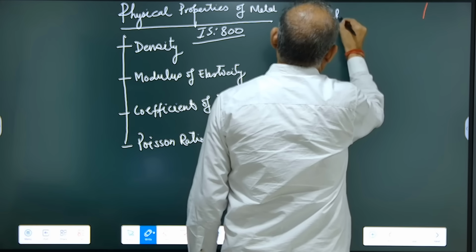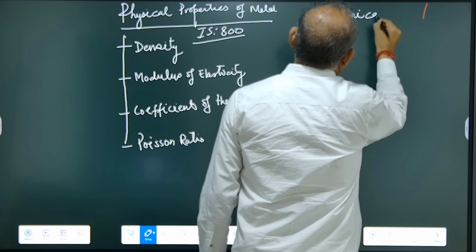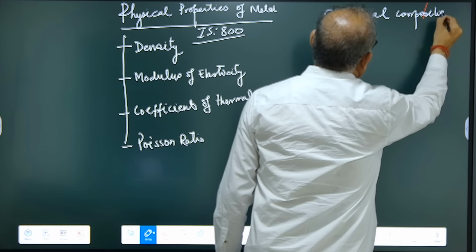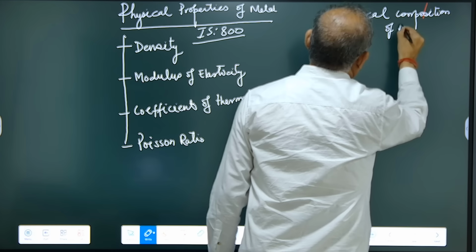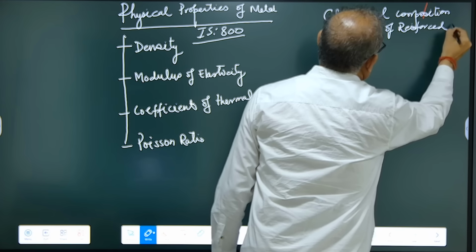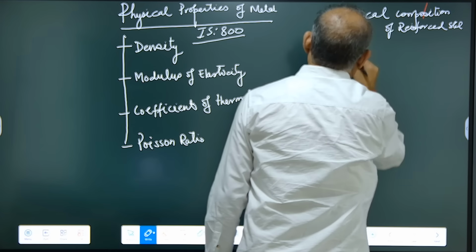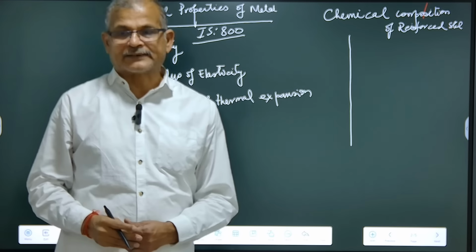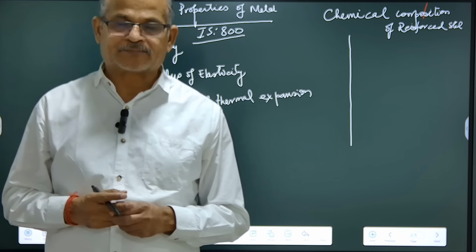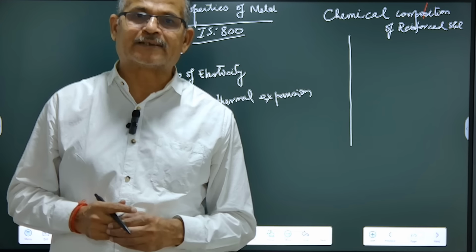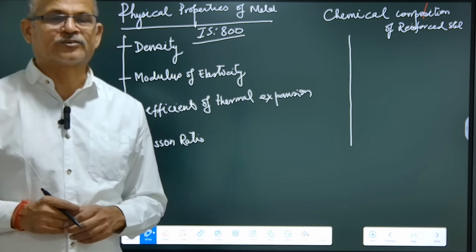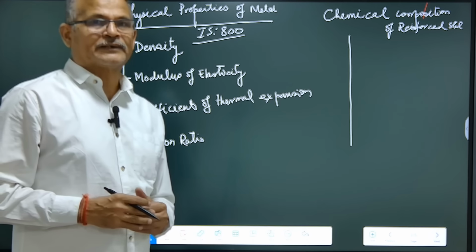Then chemical composition of the metal, of reinforcing steel. In this, we carry out chemical tests to know what percentage of carbon is there, what percentage of sulfur, what percentage of phosphorus, and how much combined sulfur and phosphorus is there in the metal, to understand the stability of the metal for reinforced steel.